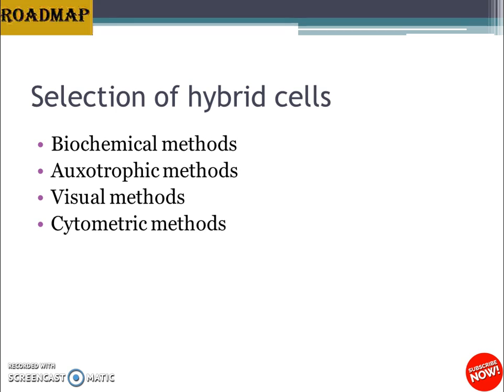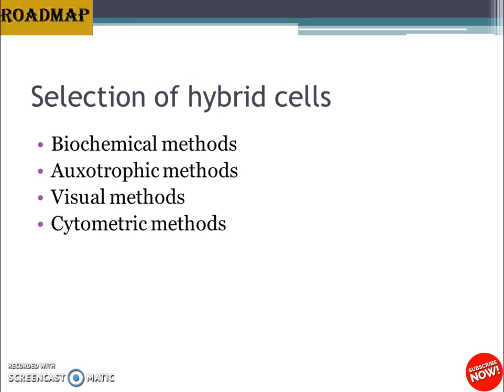Each type of hybrid cell requires a special culture medium for its growth, and this can be overcome by employing microdrop culture of single cells using the pedal technique. We have learned what the microdrop culture technique is. You must be remembering that, or if you are not, just go through that video and learn that topic thoroughly.